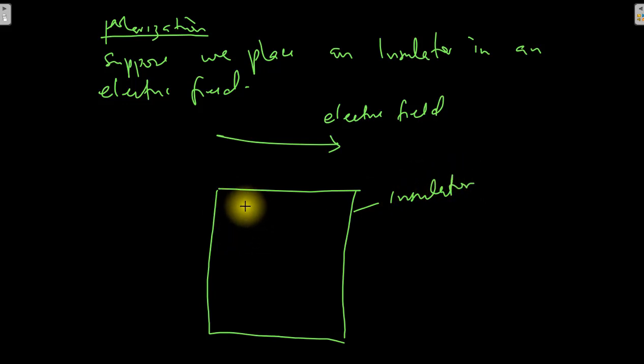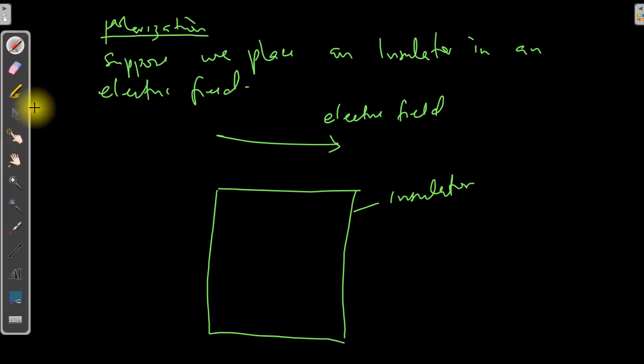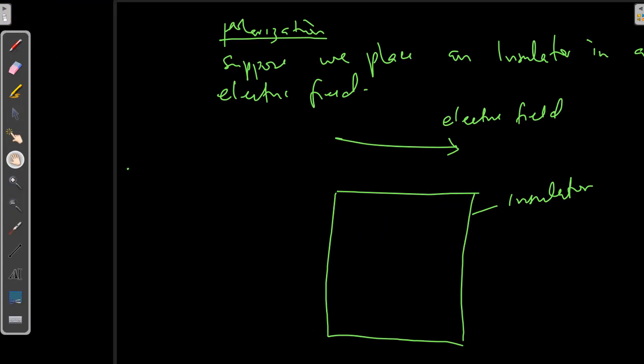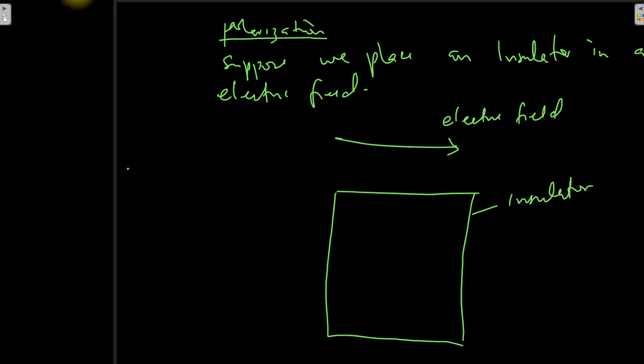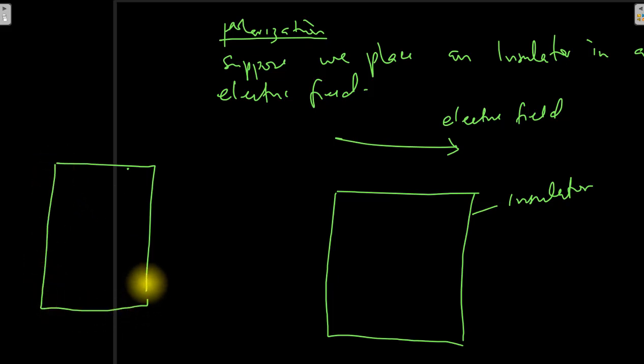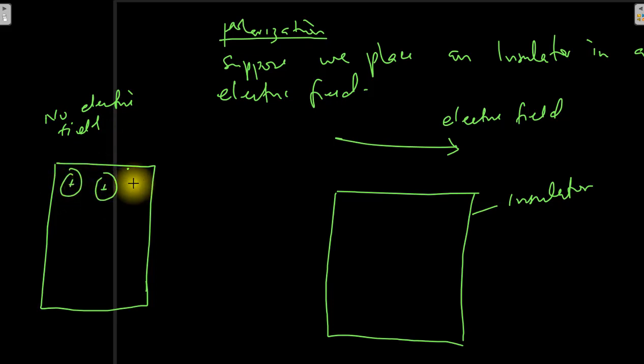Basically, this insulator has many atoms in it. Maybe I could show a before and after picture here. This is what our insulator looks like originally, so without field. This is no electric field. In this case, all the atoms are well aligned.